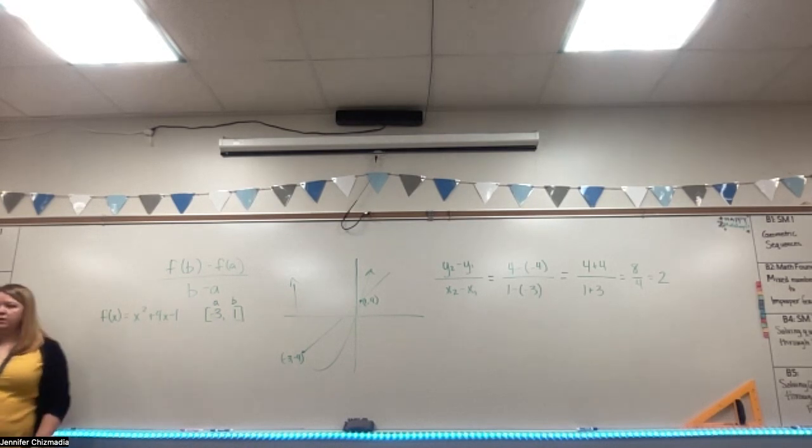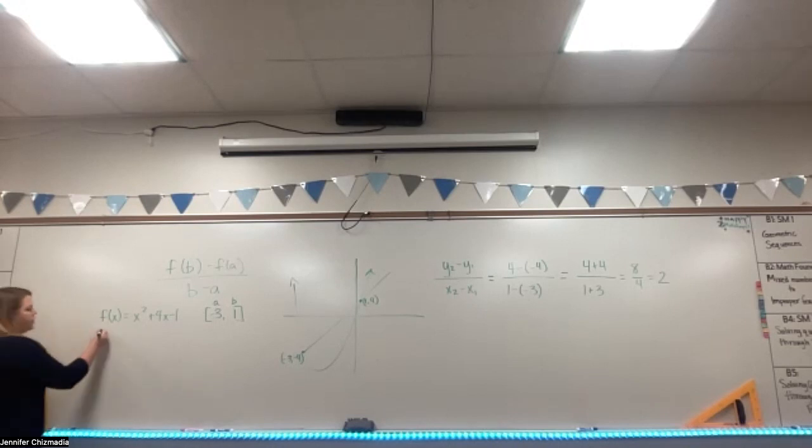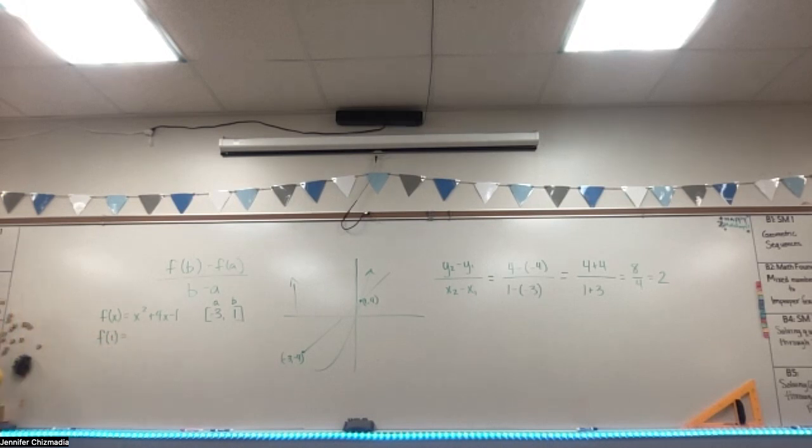All we're going to do is plug those numbers into the function where the X is. When you put it in a calculator, you've got to be real careful. We're going to first find F of B, so F of 1. I'm already replacing my X with those numbers.